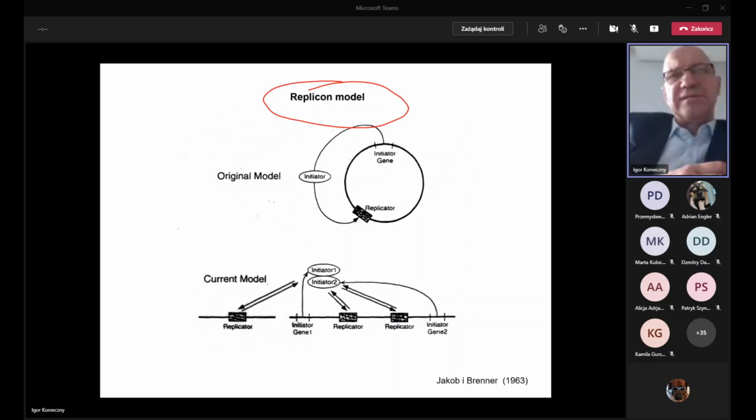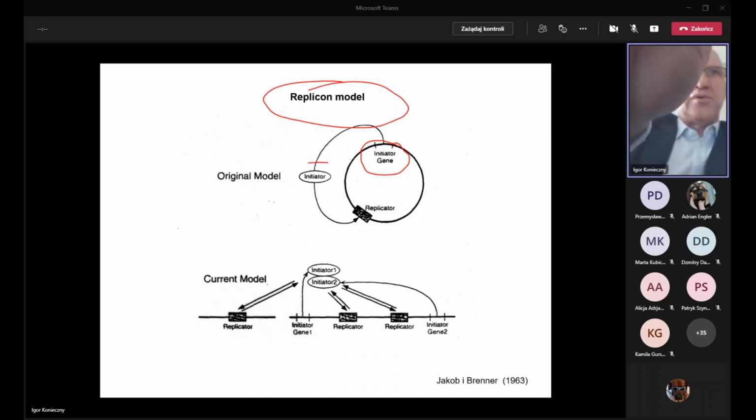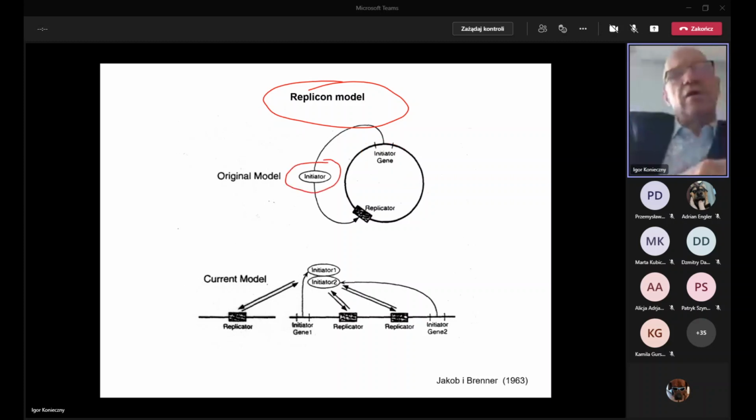From the early 60s, last century, this is just something which we should remember about the concept of replicon as a basic replication unit. And we stated that for the replication initiation, an initiation gene is required, which encodes the protein called the initiator, or replication initiator, DNA replication initiation protein.